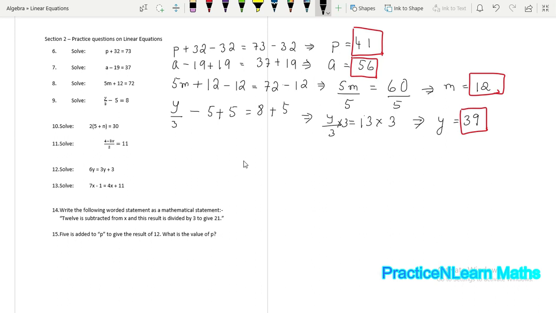Next we have a number within brackets or parentheses. So we need to open the brackets. So we get 10 plus 2n is equal to 30. I subtract 10 from both sides.